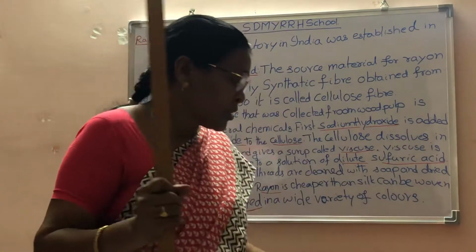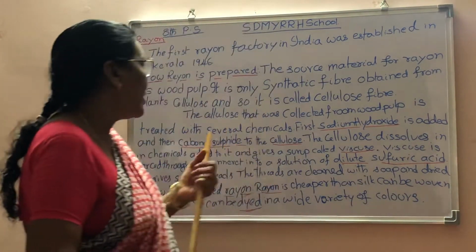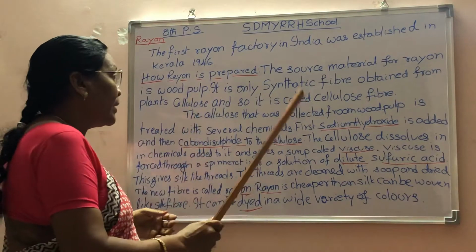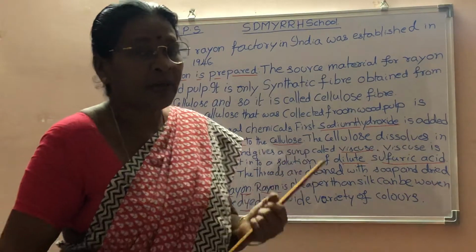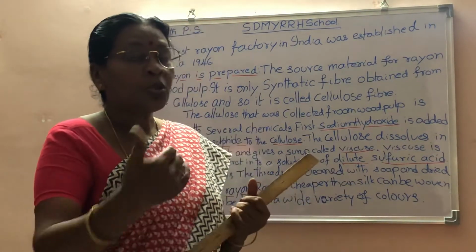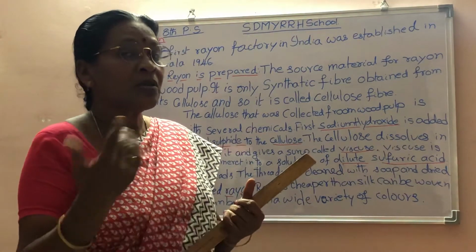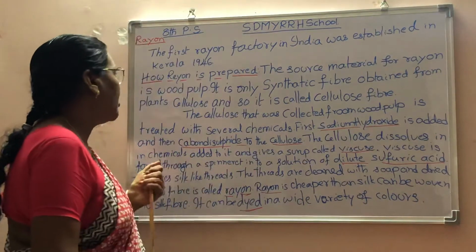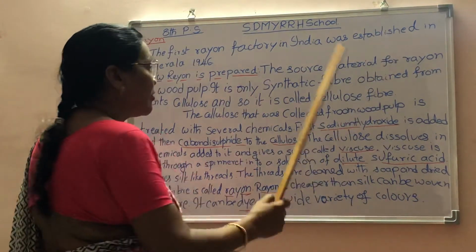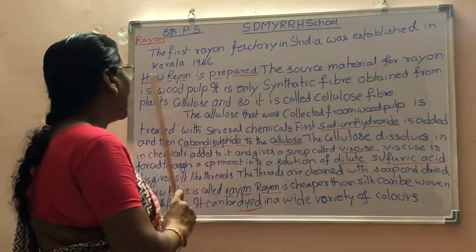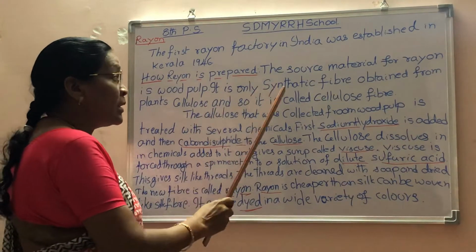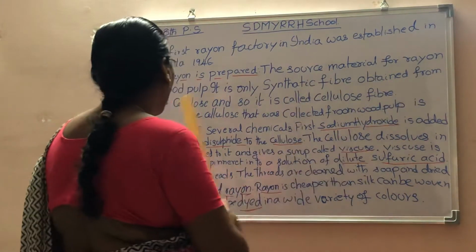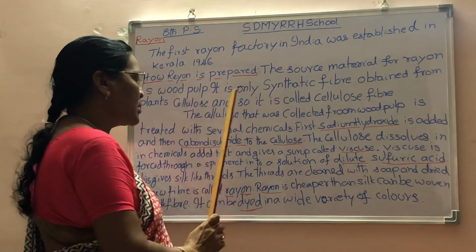It is coming from wood, which is a natural source, but it can be called an artificial fiber. Why? The wood pulp is added to some chemicals. That's why it is an artificial fiber. The first source material of rayon is wood pulp. It is a synthetic fiber obtained from plant cellulose.